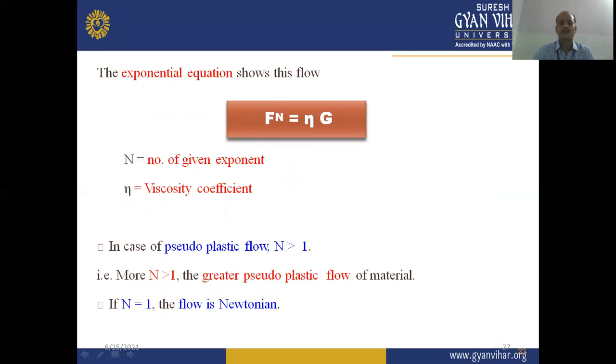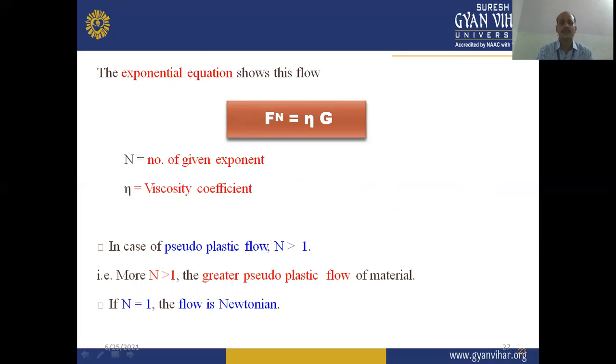In case of pseudoplastic flow, the value of capital N is greater than 1. So the more N is greater than 1, the greater the pseudoplastic flow of the material. And when the N value is equal to 1, the flow behavior will be like the Newtonian. So F will be equal to eta G, and this is the equation for Newtonian liquids.